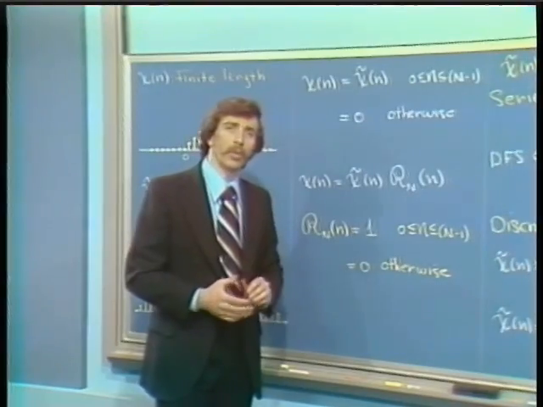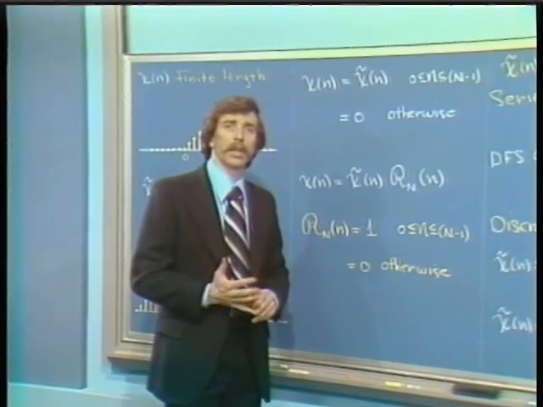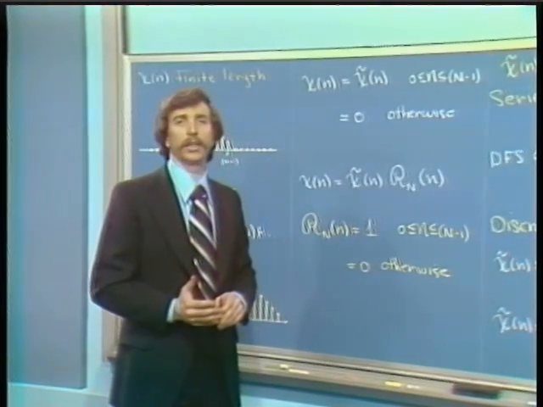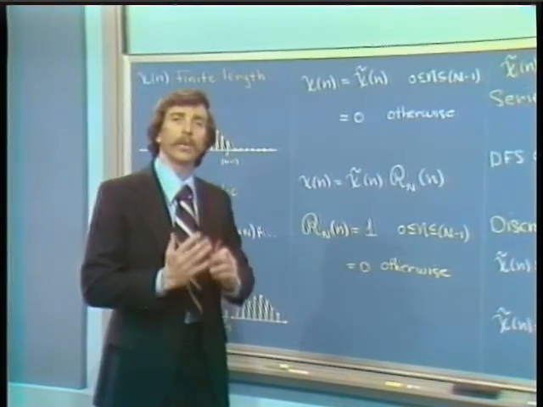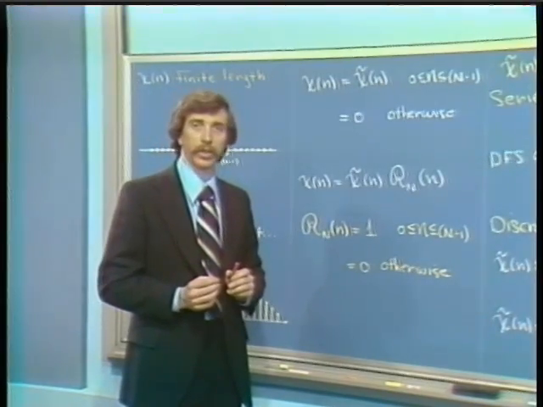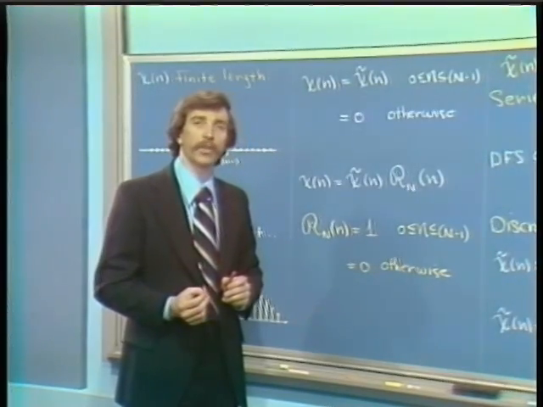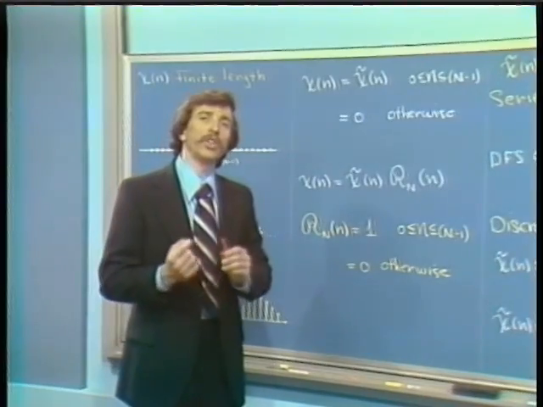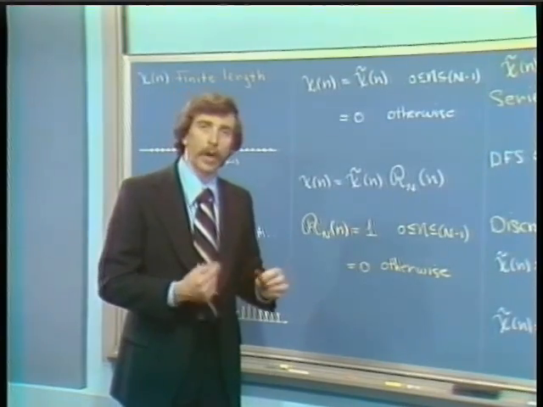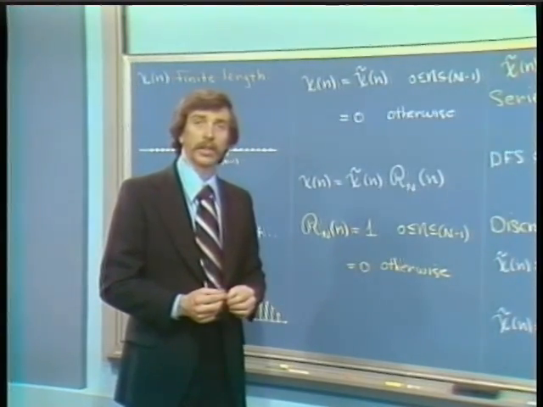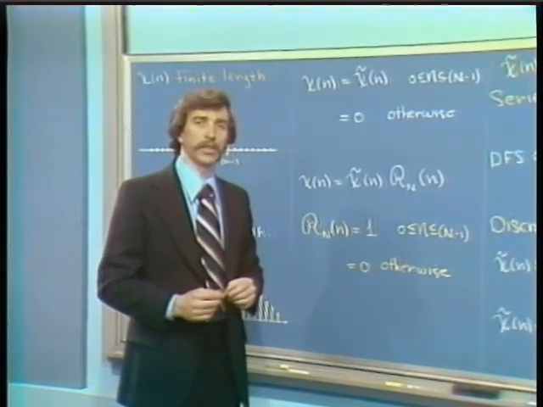Now, why is this point of view important? Well, we know certainly in the continuous time case that a periodic time function can be represented by a Fourier series. In the discrete time case, a periodic sequence likewise can be represented by a Fourier series. And the idea, that is the key point behind the discrete Fourier transform, is that we can use the Fourier series representation of the periodic sequence to represent the finite length sequence. That, in essence, provides a Fourier kind of representation for a finite length sequence.